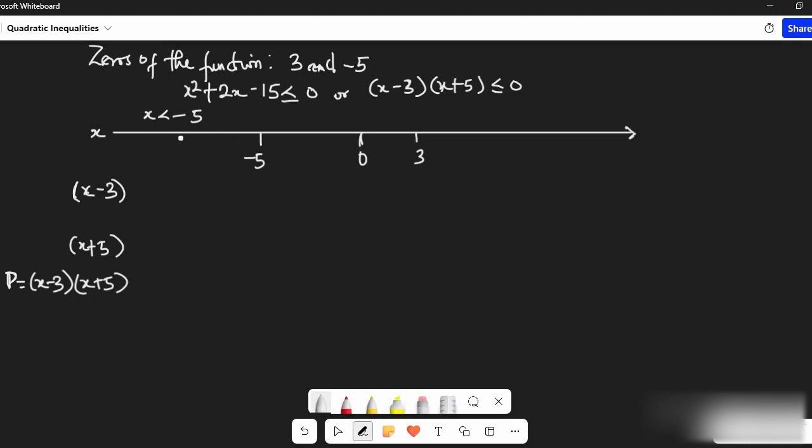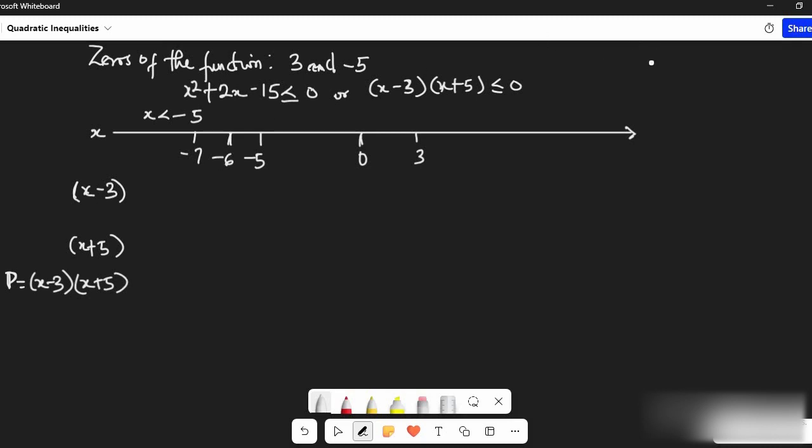So to the left of -5 here, we have numbers that are less than -5. We can have -6 here, we have -7, and so on. So what we do is that we just use one number in this region to test each of the factors to see whether it gives a positive or a negative number. Now remember, whatever is true for one number in this region is true for the other numbers.